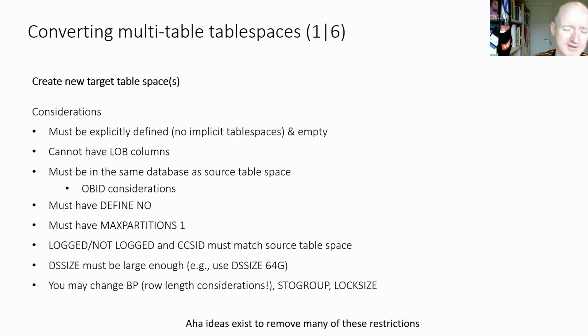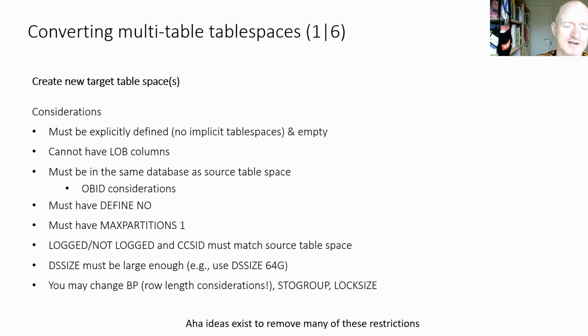In the Db2 manual, there are a couple of queries you can run to see if that may affect you, but for some it could be an issue. The table space must be defined NO, so there's no VSAM cluster created. They must have MAXPARTITIONS 1. The LOGGED attributes and the code page must match the source table space.